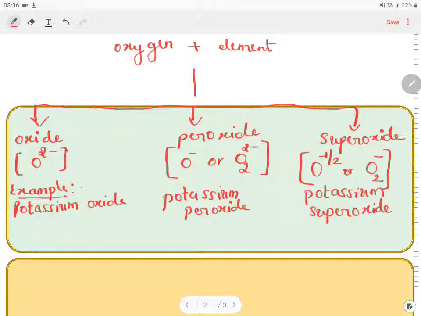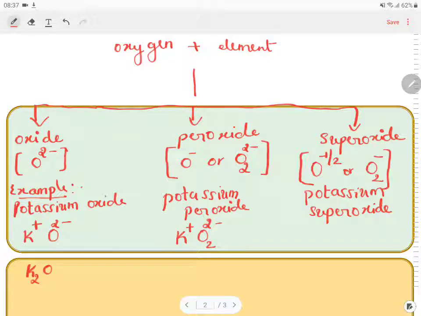Potassium always carries K plus. Oxide is O2 minus. Using the crisscross method, the formula is K2O, the formula for potassium oxide. Similarly, potassium peroxide: K plus, and O minus is stable, that's why I am taking O2 2 minus, the peroxide ion.